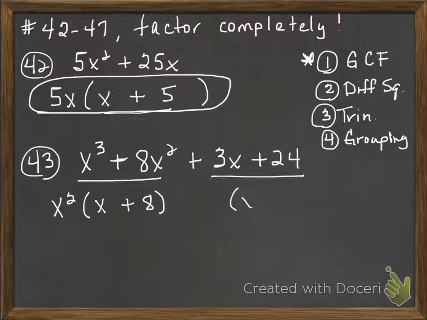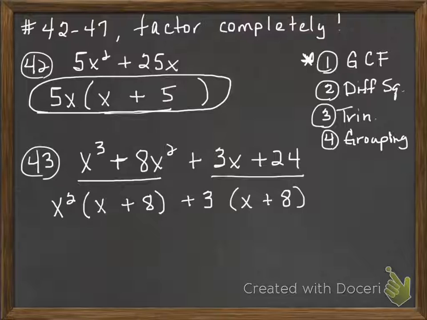So I'm going to cheat just a little bit, and I know my group over here also has to be exactly the same group. So it's going to be x plus 8. Then I ask myself, what can I multiply times x plus 8 that will give me 3x plus 24? And the answer to that question is positive 3.